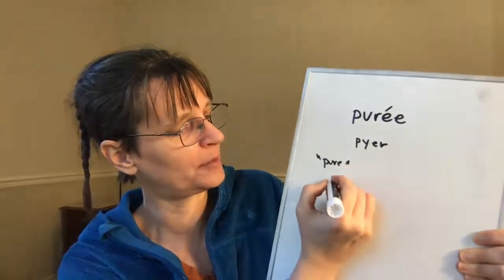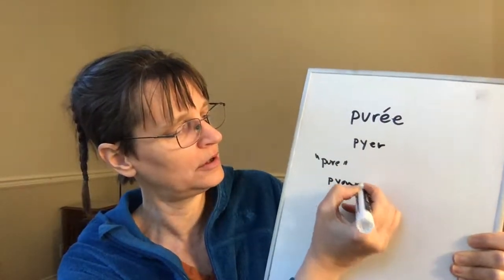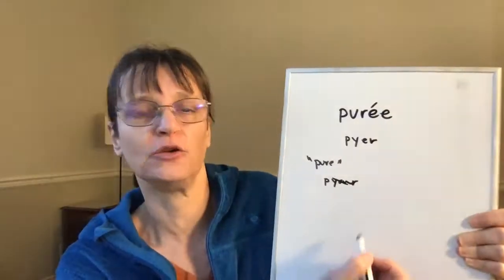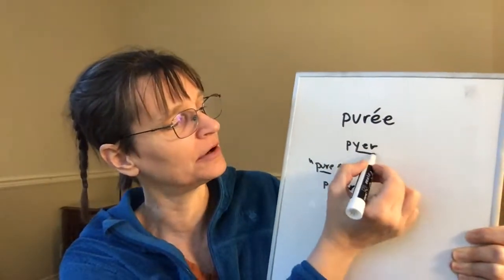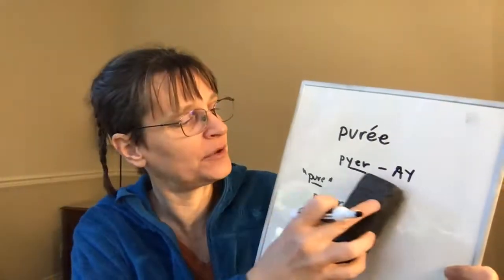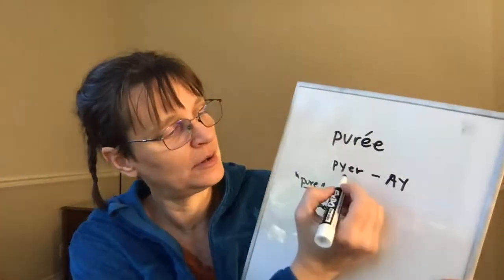Sometimes people do more of a pure. But in puree, we kind of really lose that U quality. I would say it's just like puree. So I shouldn't have underlined the pure part because that's shorter. So puree.